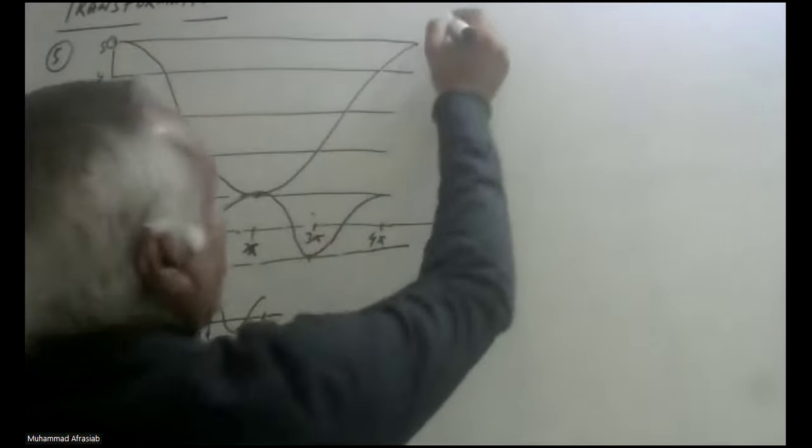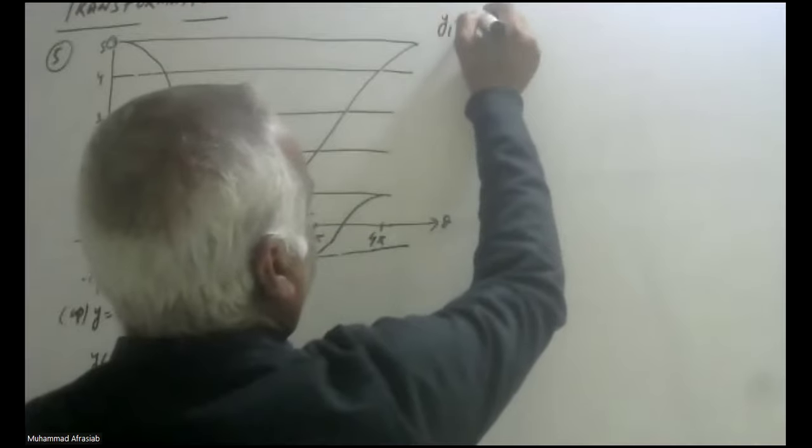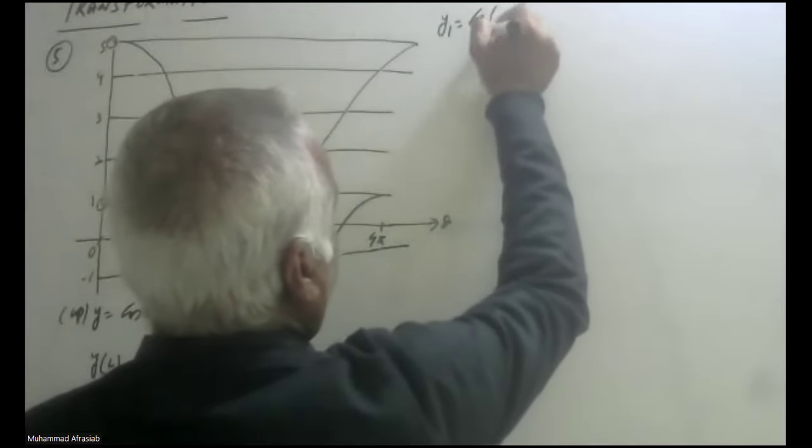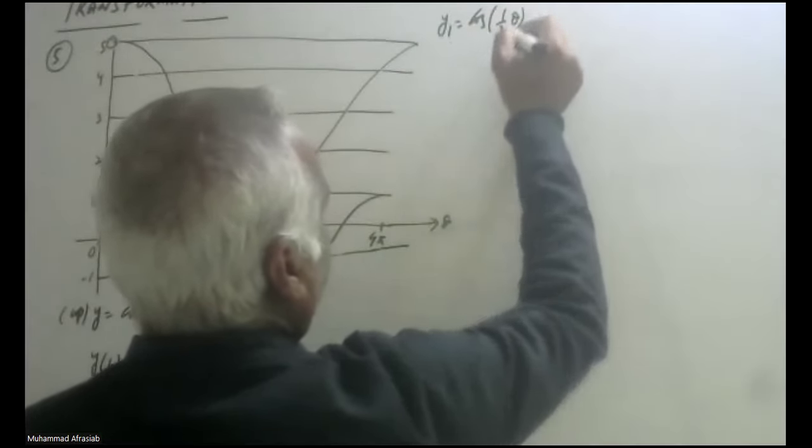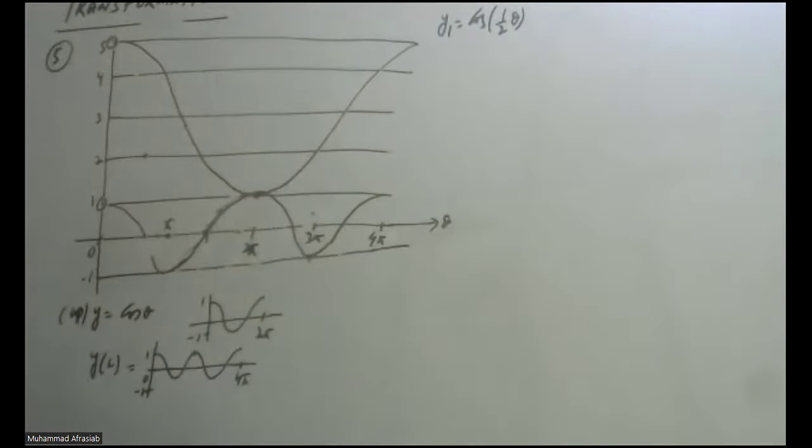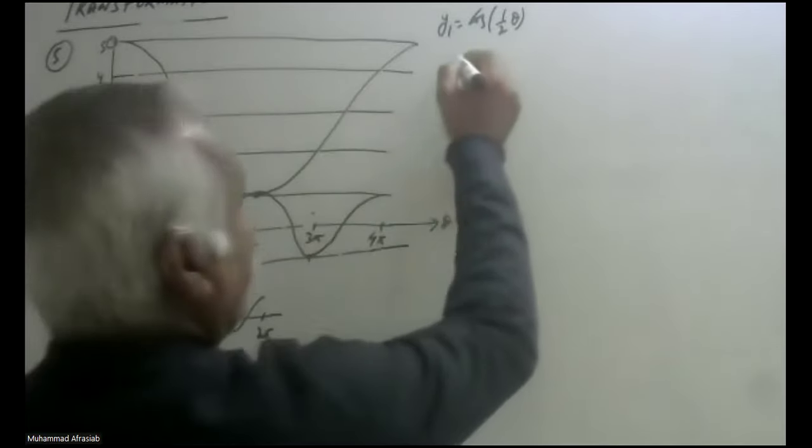So the first property is that y1 is equal to the cos function with half of that value. If it is cos of half theta, then the graph of this function would be like this.